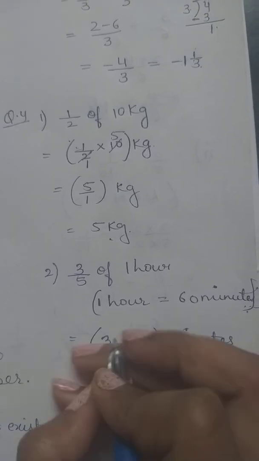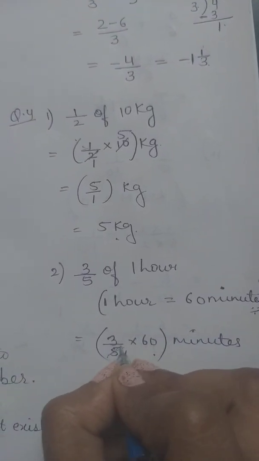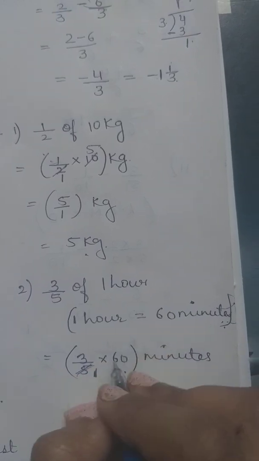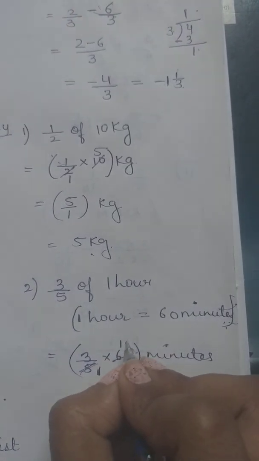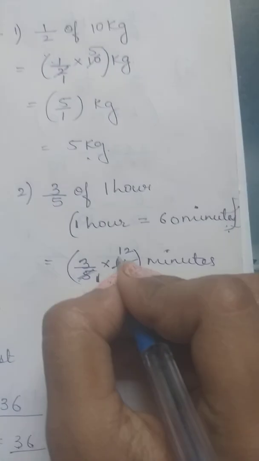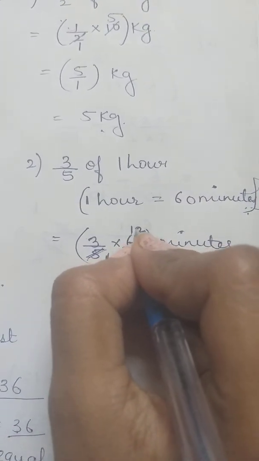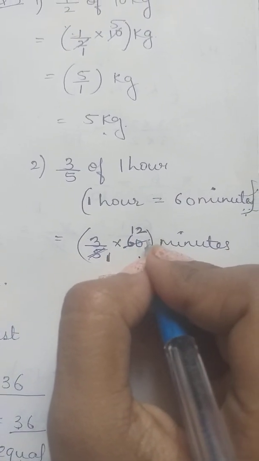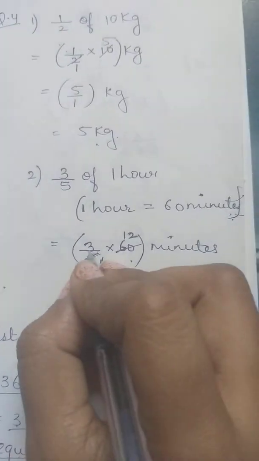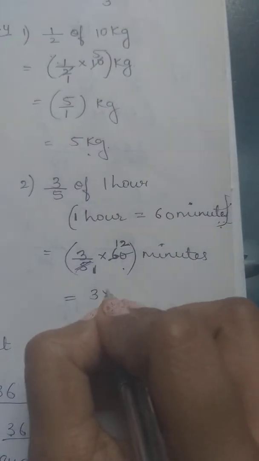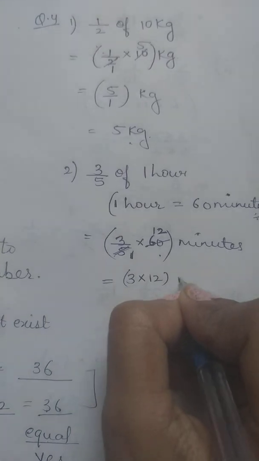So 5 ones are 5, 5 12s are 60. Then what is left? 3 and 12. So 3 multiply by 12 minutes.